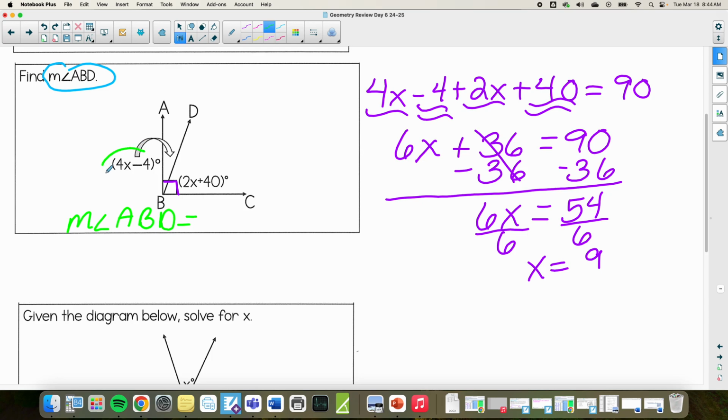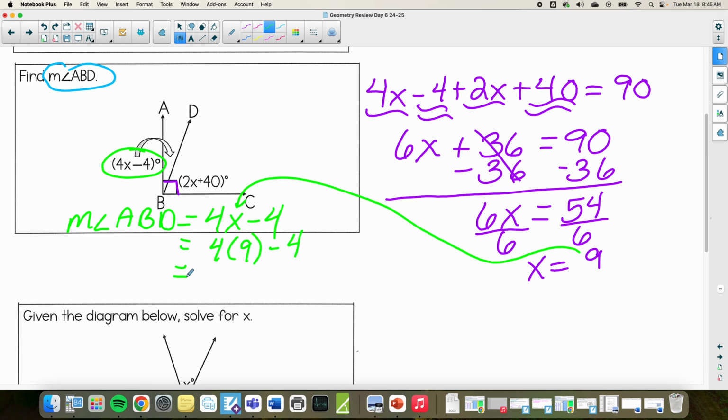is this angle right here. It's 4x minus 4, and if I take this 9 and put it in there, 4 times 9 minus 4 is 36 minus 4, which is 32.